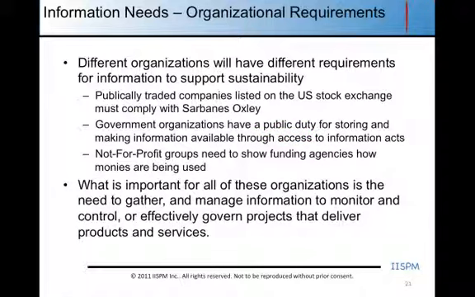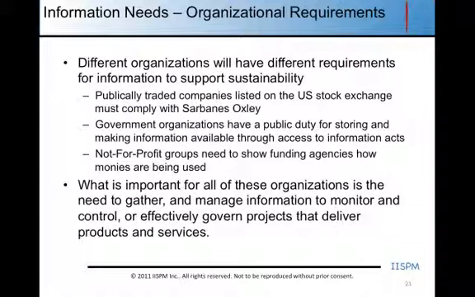Not-for-profit groups need to show their funding agencies how the monies are being spent that they've been allocated. All of these are different. Privately run corporations have the obligation to their employees to share information on how well the company is doing.